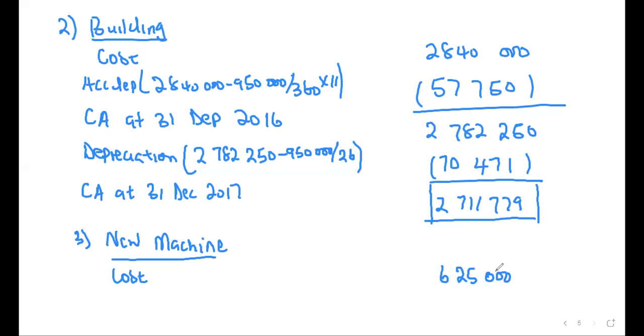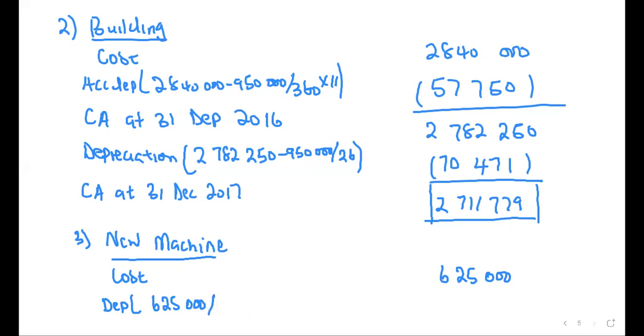625,000. Then depreciation. It has a useful life of 6 years. So which means you are going to say 625,000 divided by, you can convert to months.